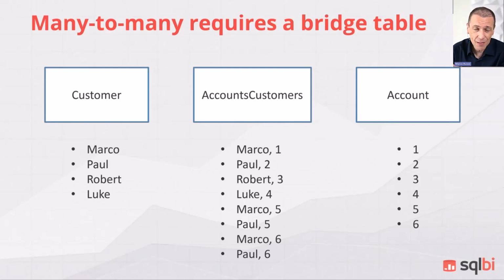If we have this third table, from a physical point of view, the result we have is obtained by using regular one-to-many relationships. We have a one-to-many relationship between customer and accounts customers, and another one-to-many relationship between account and accounts customers.